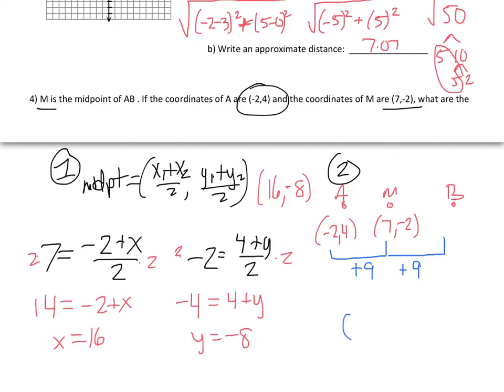So my x value is going to be 7 plus 9, which is really 16. The y values go from 4 to negative 2, which is a subtraction of 6. So there's going to be another subtraction of 6. And if we go negative 2 minus 6 more, you get negative 8. Same coordinate both ways.